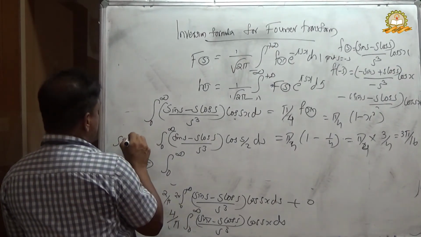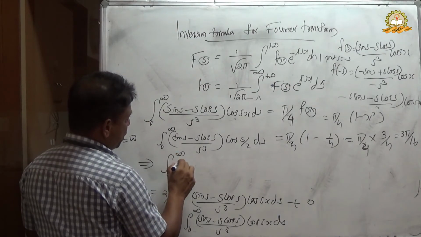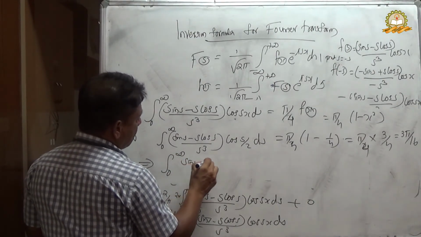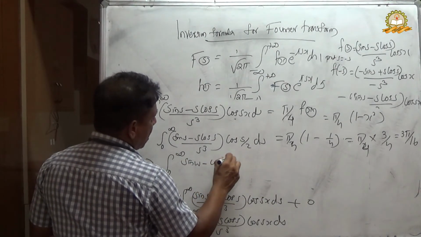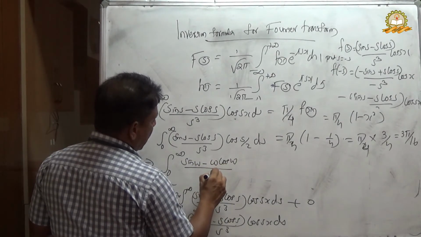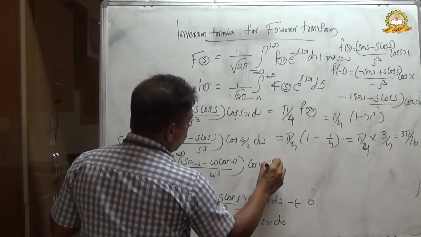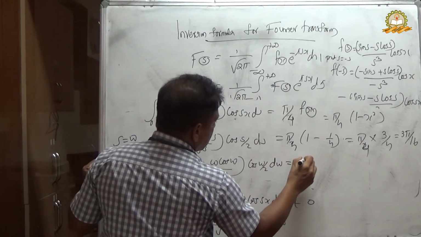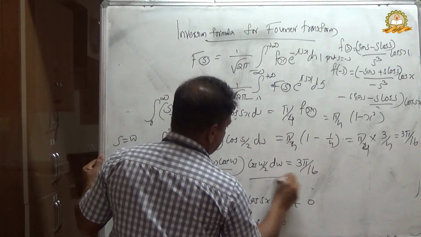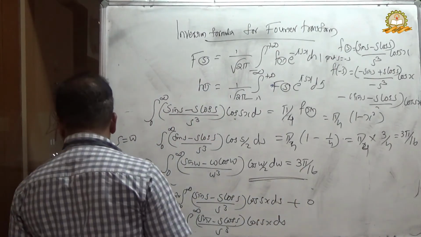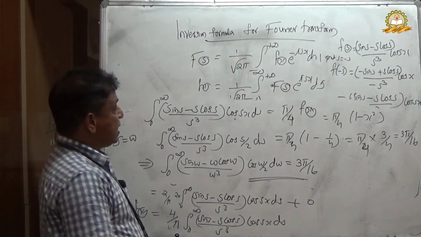Therefore, s is equal to omega. Therefore, 0 to infinity of (sin omega minus omega cos omega) by omega cube into cos omega by 2 d omega is equal to 3 pi by 16. Therefore, we get the final answer as 3 pi by 16.